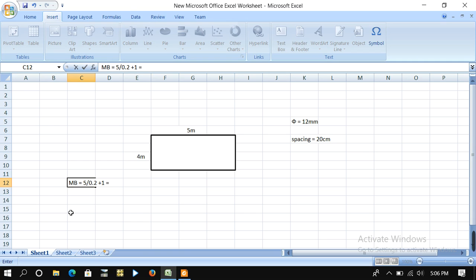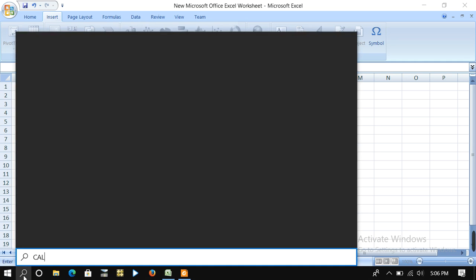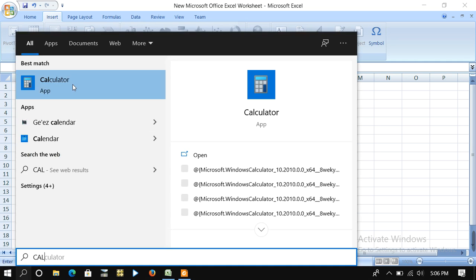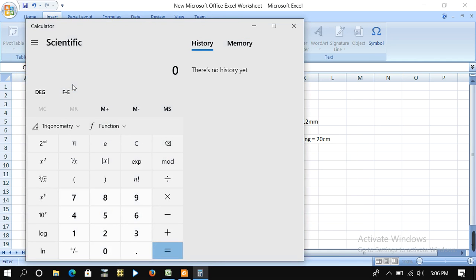Here we have the calculator application. So using the calculator application, we can do our task. 5 divided by 0.2 is 25.